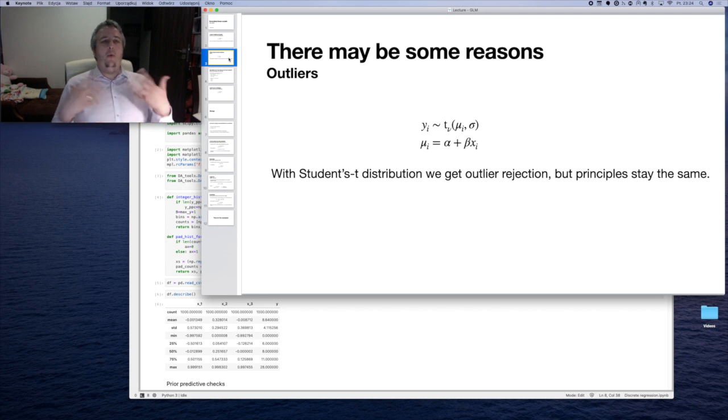Of course, we might want to expand our concept outside of normal distributions, for example, by using Student's t-distribution, which, as we've seen in one of the earlier lectures with Newcomb's data, is more robust toward outliers. Because it has thicker tails, certain samples can be far away from the bulk of them, and it will not influence our inference.